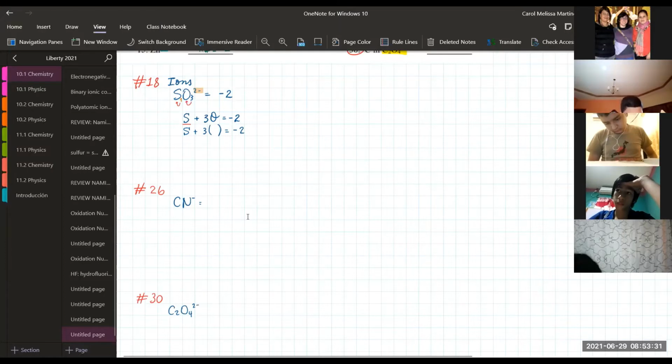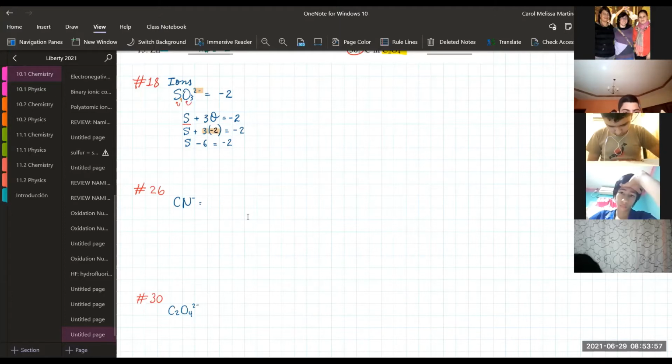It will always be -2. No, not always, but like 95% of the time it's going to be negative 2. So in this case, we solve this multiplication. 3 times negative 2 gives you negative 6. All this equalizes to what you have on the other side of the equation, negative 2.